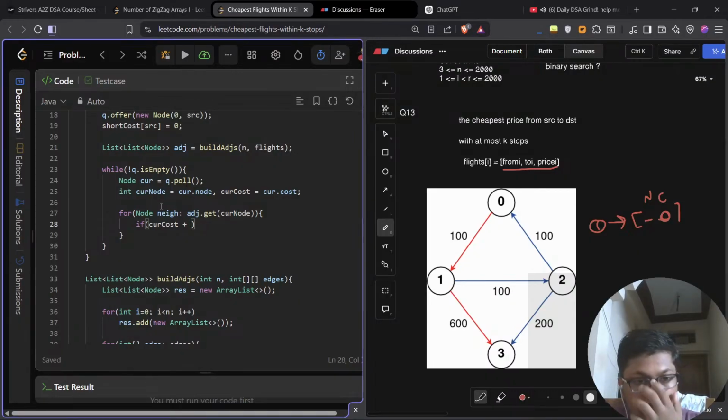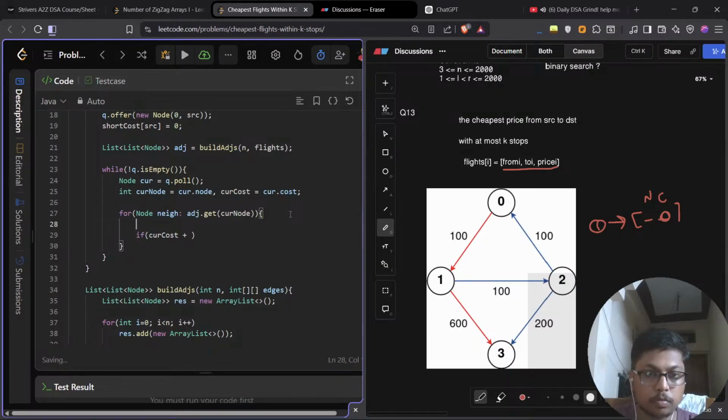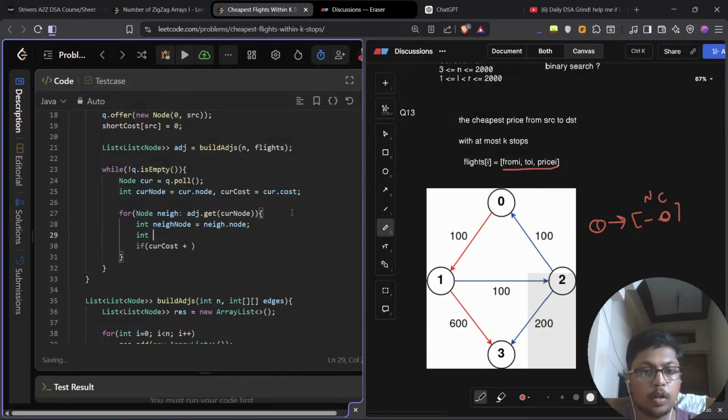So basically that data comes from this neighbor itself, right? Because I'm calling the current node. So if I say node, that would be neighbor dot node dot cost, right?